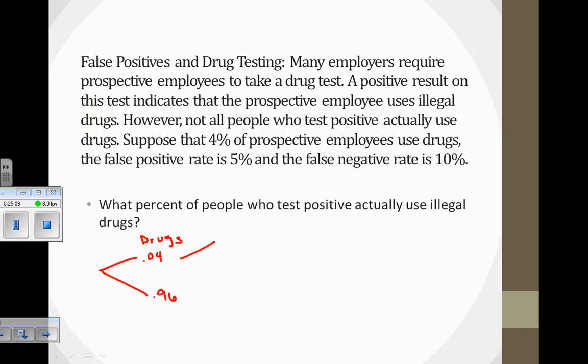The false positive, so they do not use drugs but they got a positive, is 5%, so this would be 0.95. And the false negative would be 10%, so this would be 90%. What percent of people who test positive actually use illegal drugs? So people who test positive and are using drugs would be this right here.